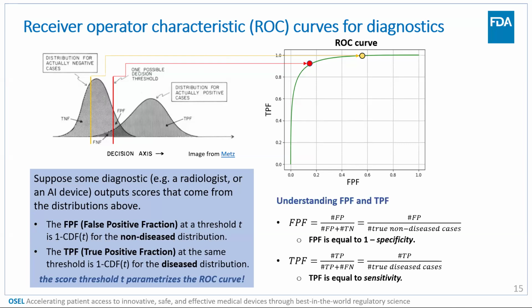And maybe at the yellow threshold, we do the same thing. And we do that for every threshold. So the thresholds parameterize this ROC curve. And something to note is the better performing the diagnostic is, the higher the area under this ROC curve will be. So we refer to that as the AUC, the area under the curve. And in general, the better the diagnostic, the higher that AUC.